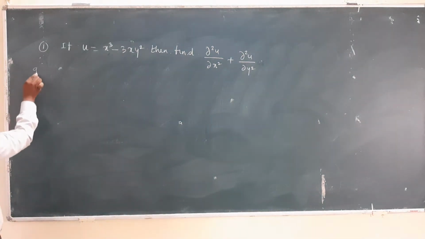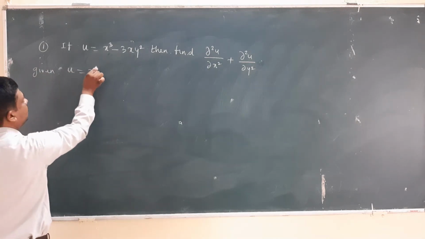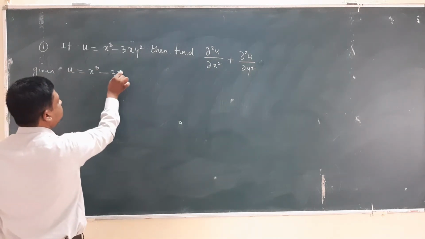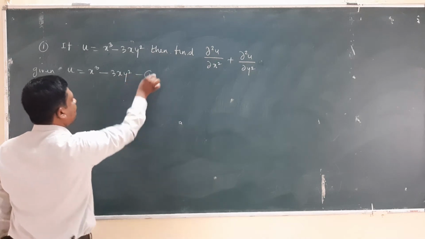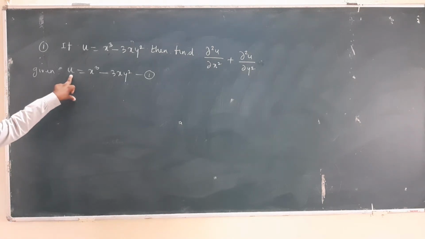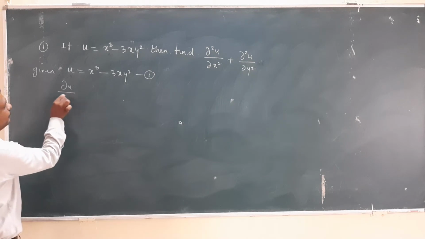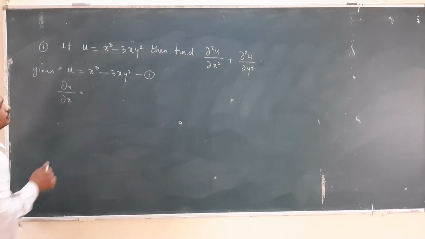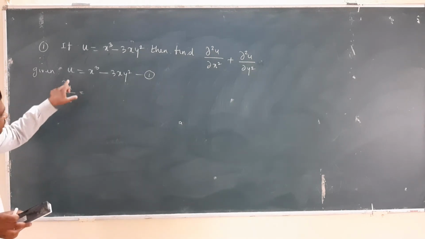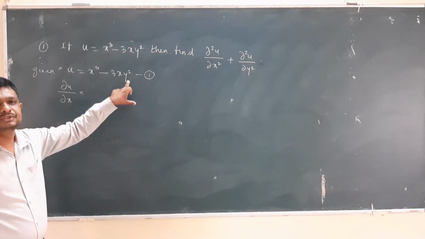So given u is equal to x cube minus 3x y square. First I will differentiate u with respect to x partially, so dou u upon dou x. If I differentiate with respect to x partially, obviously y becomes constant.